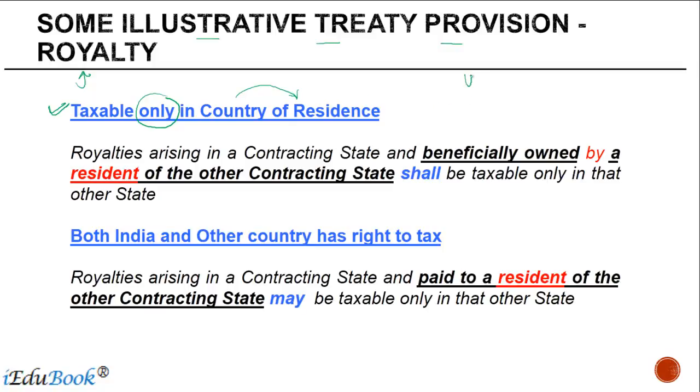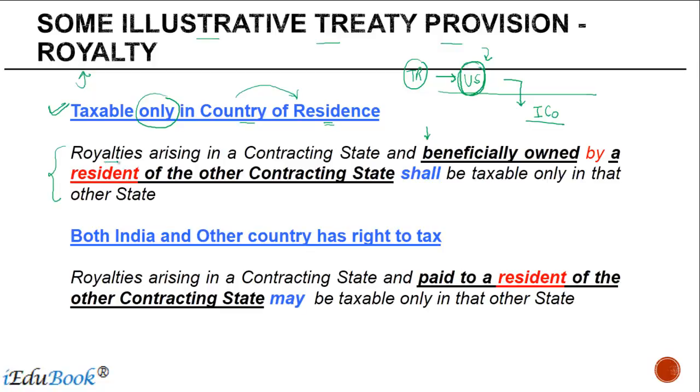So if there is a US person who is providing services to an Indian company, right, and he is a tax resident of US, in such cases, the royalty will be taxable only in US. Now, please note that this clause is not the clause of the India-US treaty when I mention US here or in any other slide. I'm just making a reference. So when an Indian company makes a payment to US, it is taxable only in the country of residence.